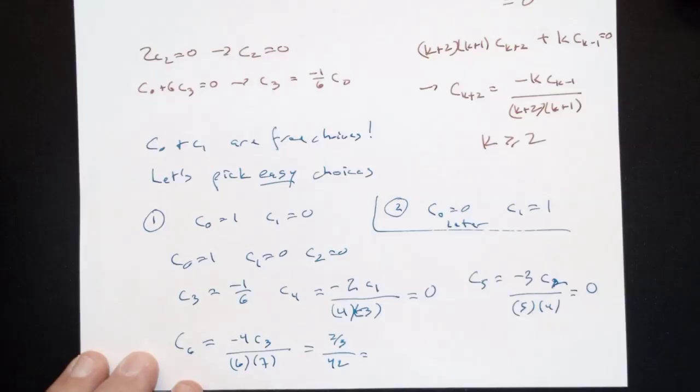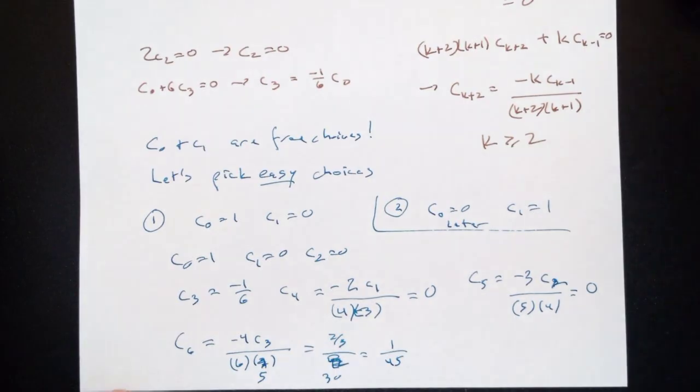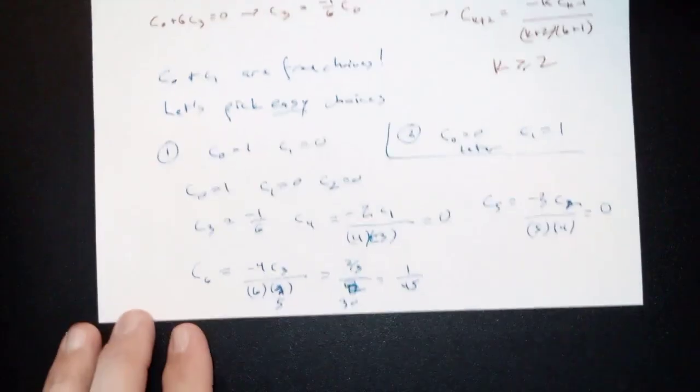Wait, no, that's not 7. That's 5. I can do arithmetic. So that's 2/3 over 30. Wait a minute, that's 1 over 45. And yes, C7 is 0.